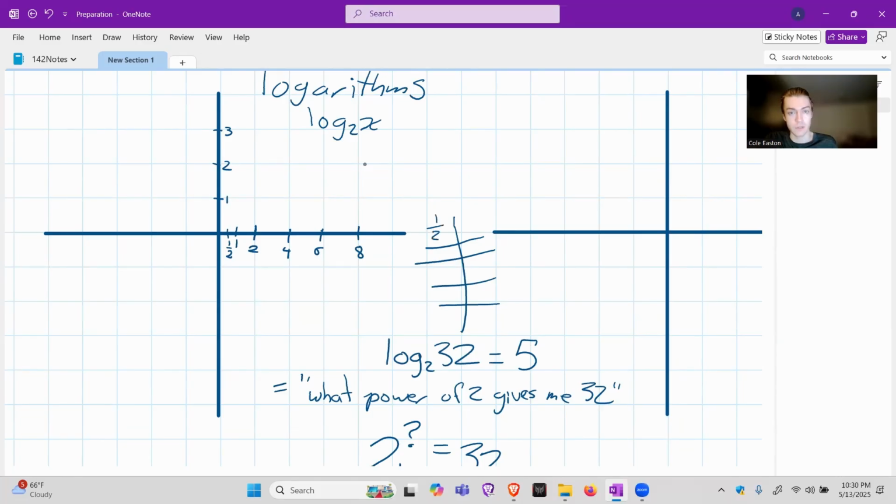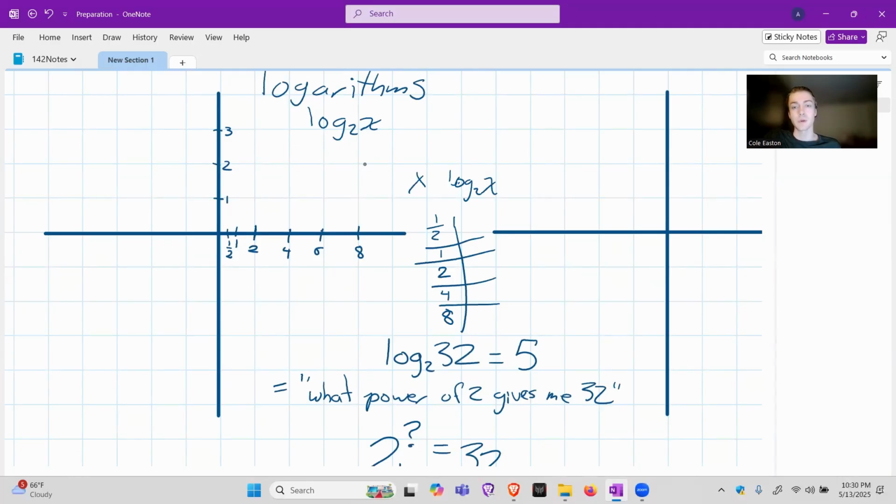So this is going to be our x column, and this is going to be our log base 2 of x. So x is a half, 1, 2, 4, and 8. Notice that I'm strategically picking the x's so that my output is going to work out nicely, right? I don't want to ask the question, what power do I raise 2 to get 6? Because it's going to be some irrational number.